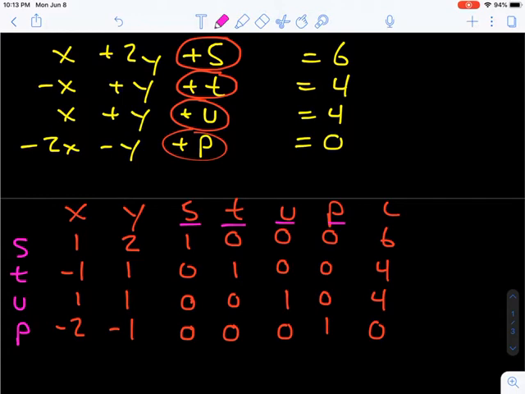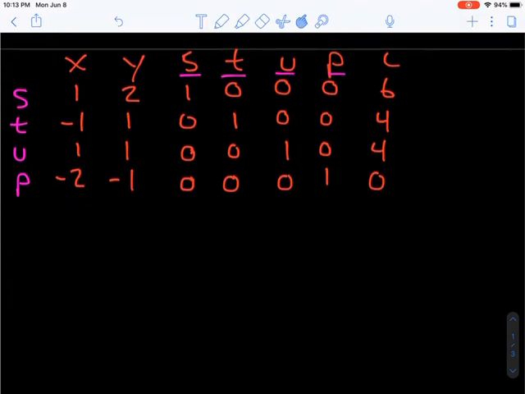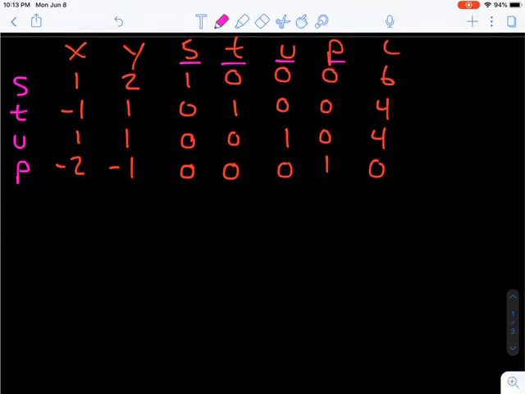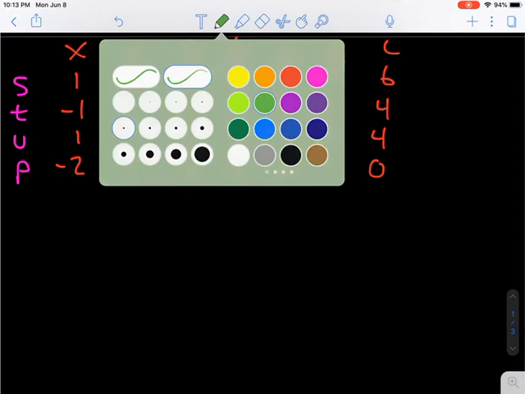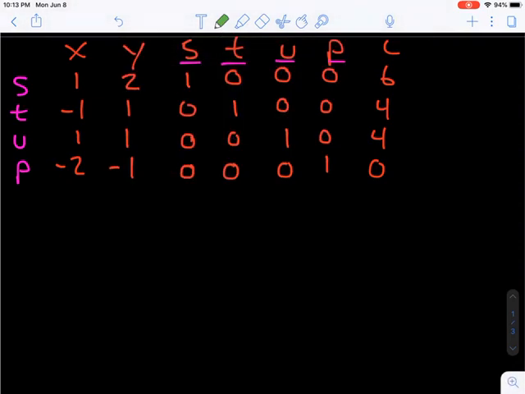The next step is to determine the pivot. And so to determine the pivot, we go to the bottom row. And we look for the most negative number in the bottom row, which is going to be negative 2.